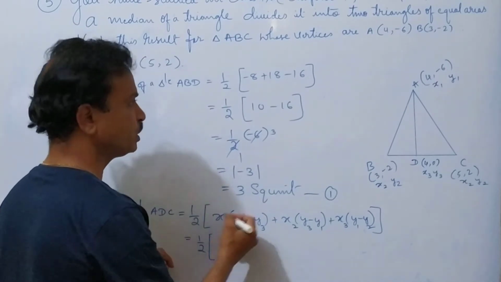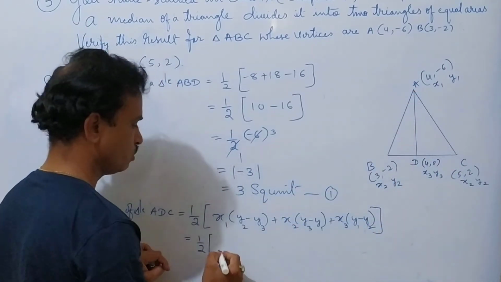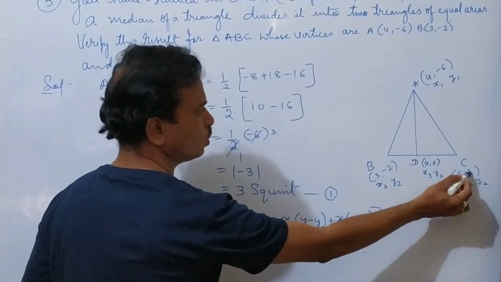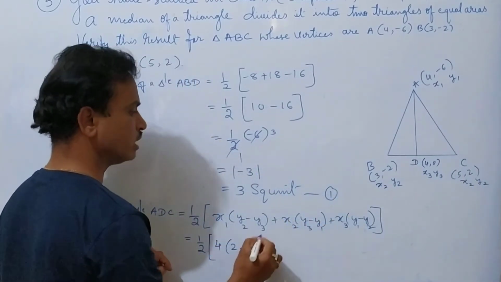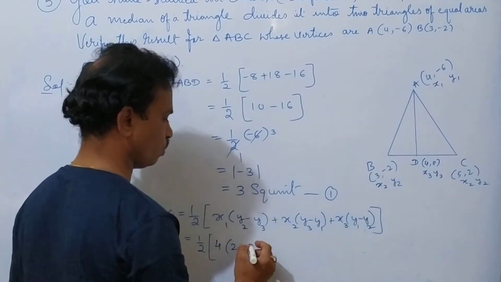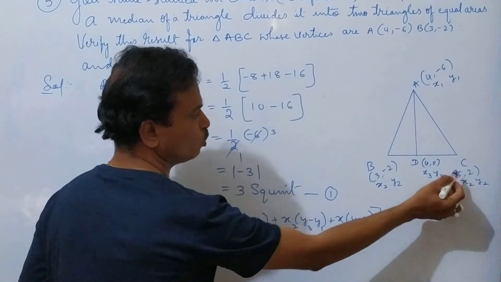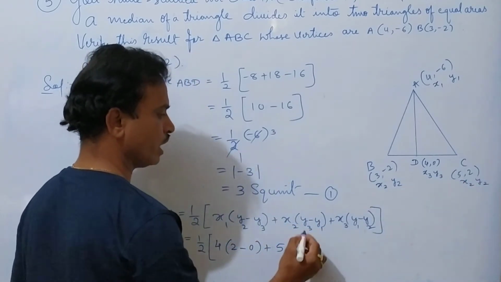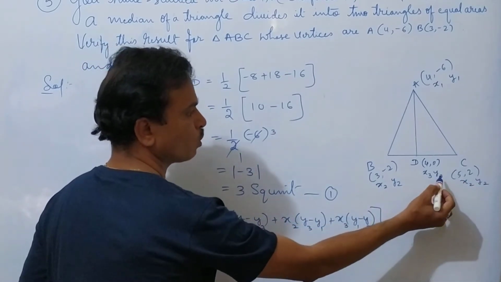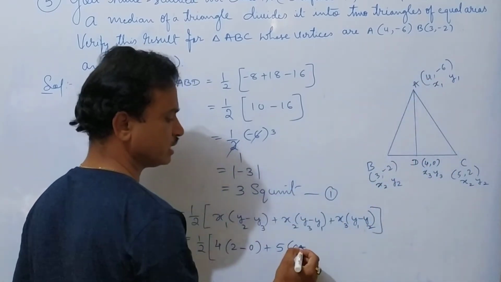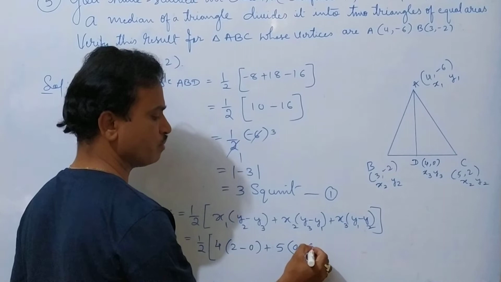Now what is x1 here? 4. What is y2? 2. Minus y3, 0. Plus x2, what is x2? 5. Then y3 is 0 minus y1 is minus 6, minus into minus becomes plus.